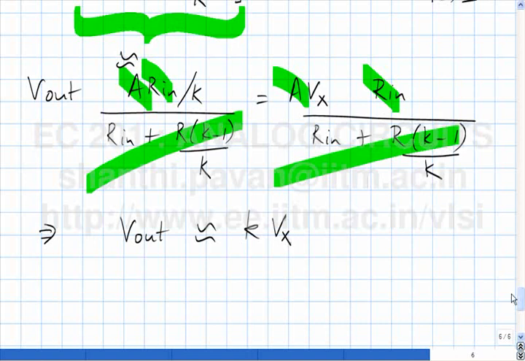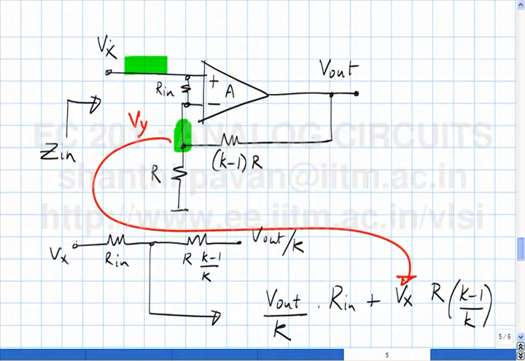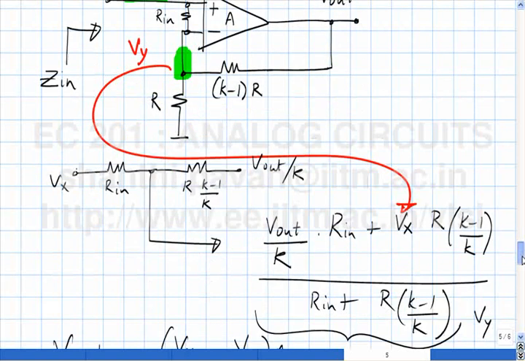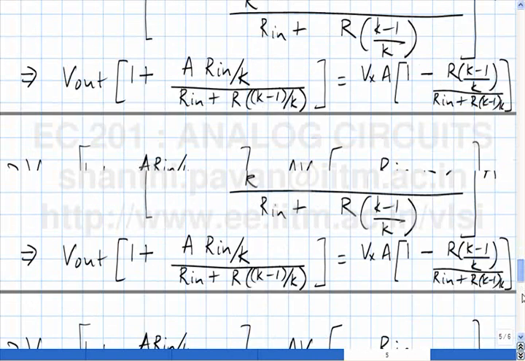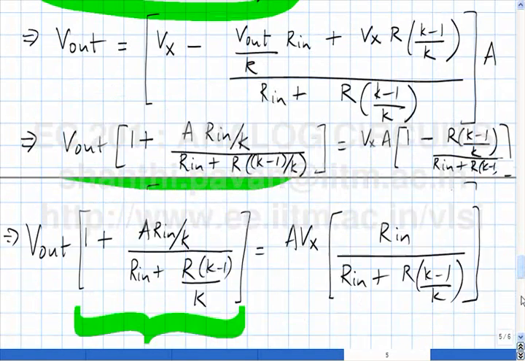Alright. And this whole thing is telling you, even if there is a finite input impedance, the output voltage remains pretty much K times Vx, K times the input voltage, as long as the gain A is large. But that's not what we were interested in finding. We wanted to find Vx minus Vy.